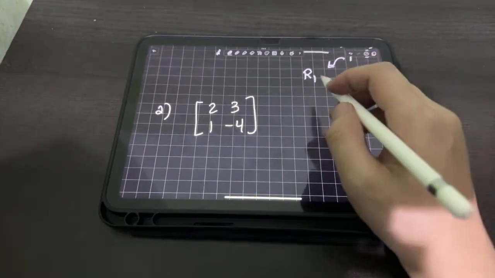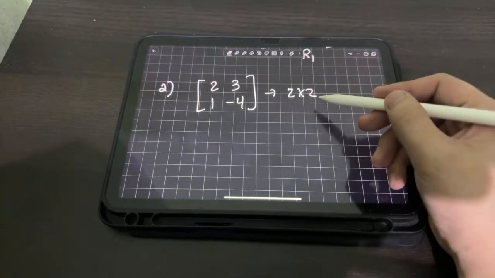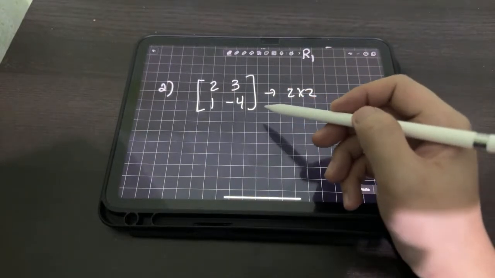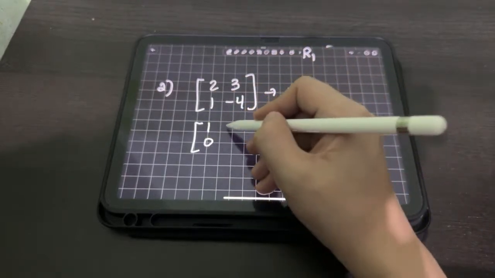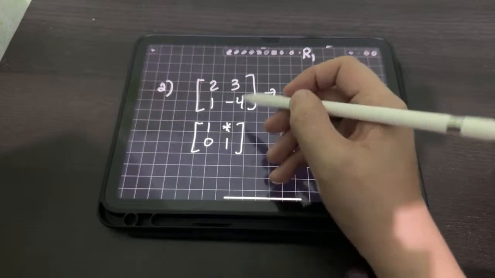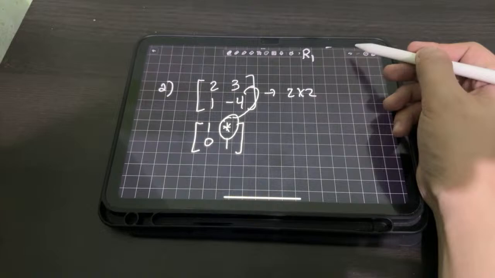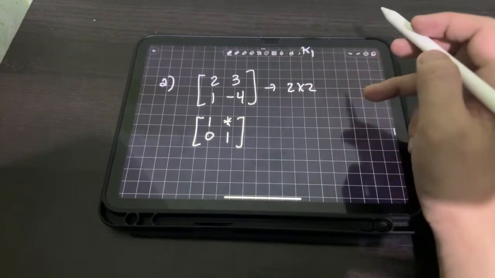Okay, so since it's also a 2 by 2 matrix, the goal for its REF is to have the form 1, 0, asterisk, 1, where this asterisk is whatever constant depending on the operation that we will perform. So what do you notice?